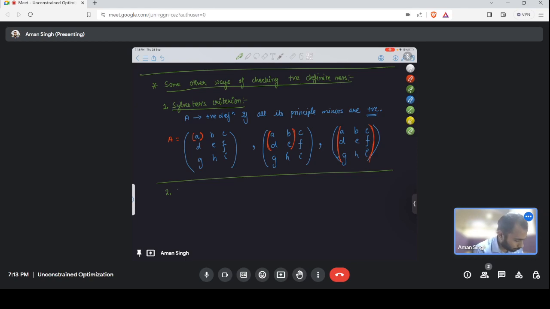Now there is another criterion called Cholesky decomposition.